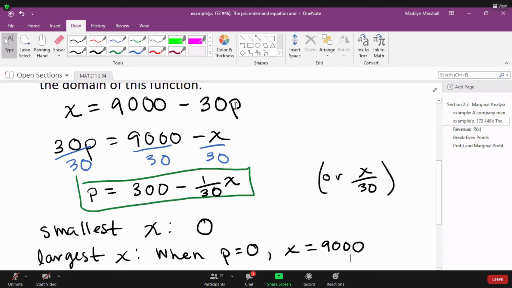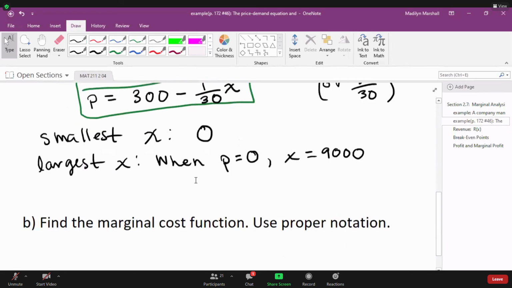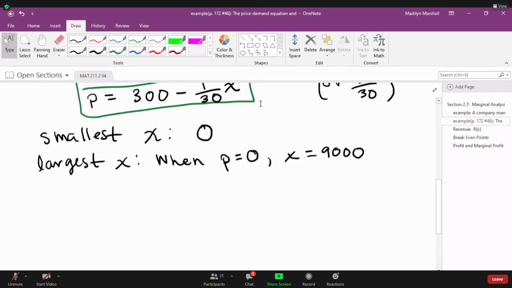And I assume we find that by 30 times 300. It goes back to the original equation. Yeah, if we look at the original, if we put 0 in for p, we would get 9,000. Gotcha. Okay.